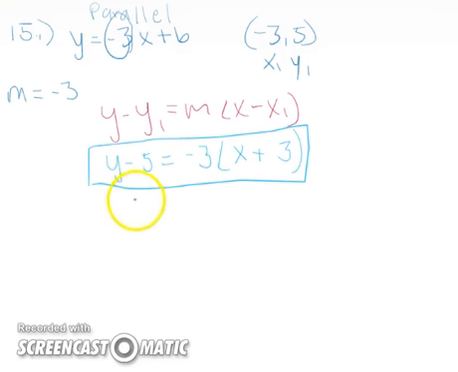Okay? Next one. 16. Now it says a line perpendicular, so 16 is a little different. We have negative x plus 4y equals 8, and my point is negative 4, 6.